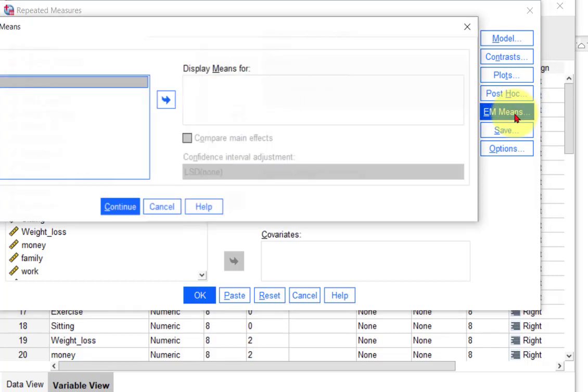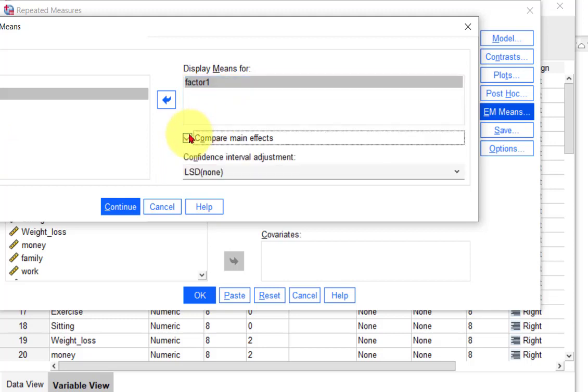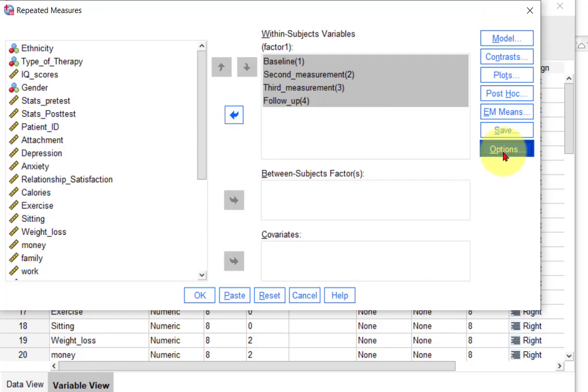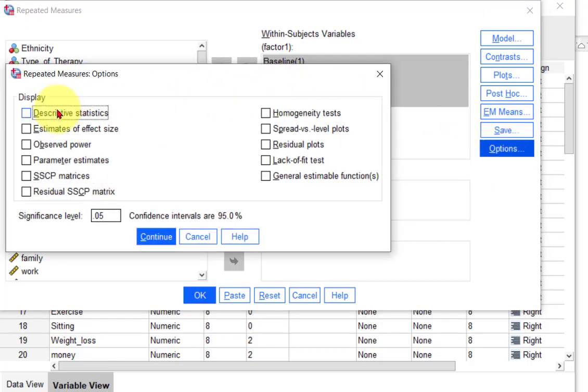And I'm going to do the estimated means, because it will not do post hoc tests for within group ANOVAs for some reason. And then again, we want our options: descriptives, effect size, power. Homogeneity of variance is not an assumption for within group ANOVA, repeated measures ANOVA, but something we call sphericity.